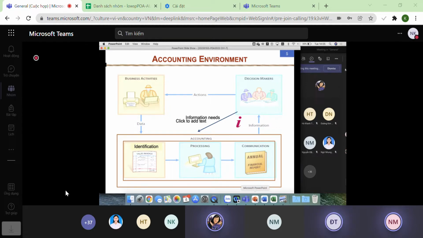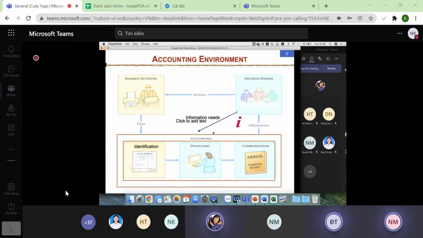I think identification is the first one. Identification is the first one? No. The arrow to connect these 3 components here. The first component is business activities, the second one is decision maker, and the third one is the accounting system.